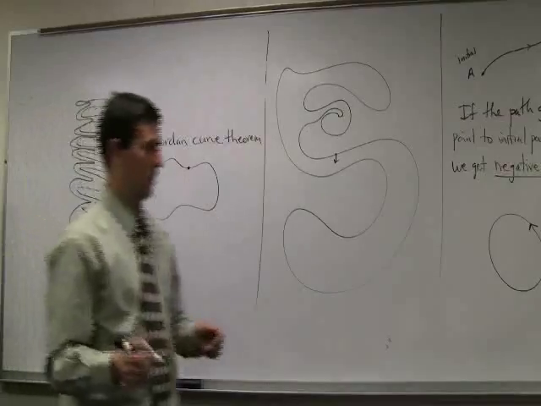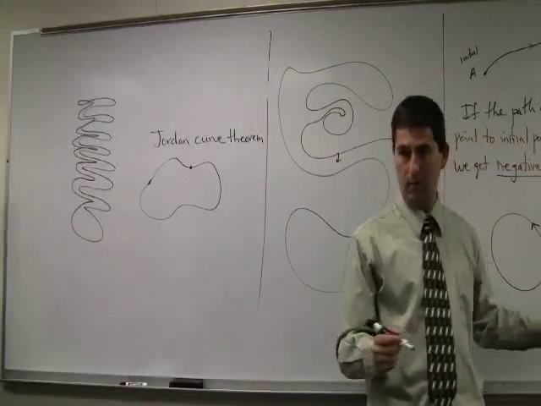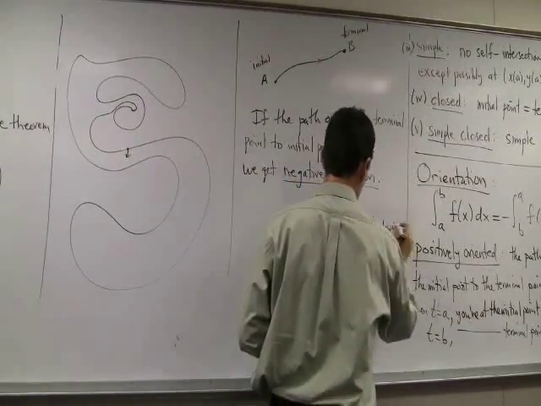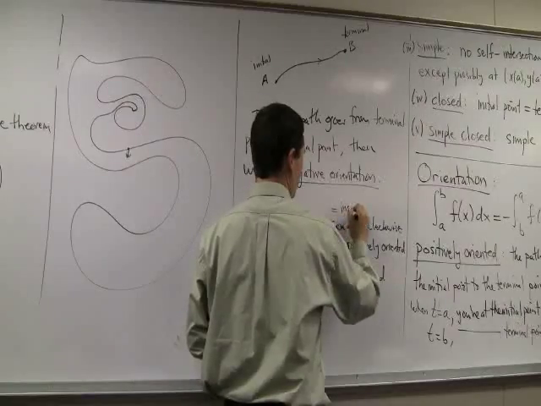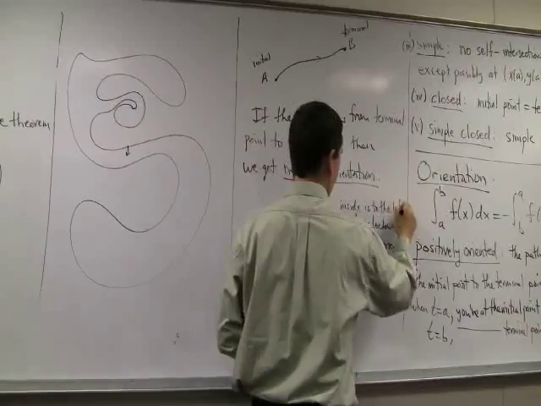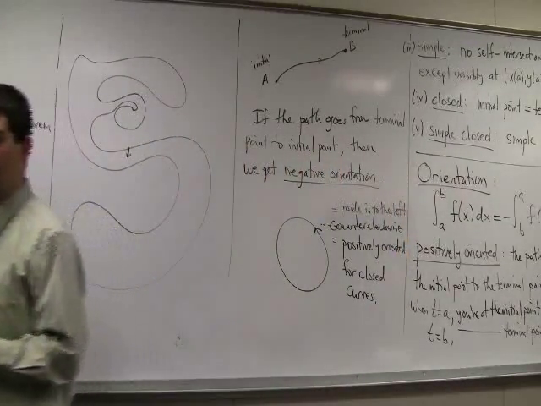So counterclockwise is positively oriented for a closed curve, but if you don't like counterclockwise, the inside is to the left as you walk around the boundary.